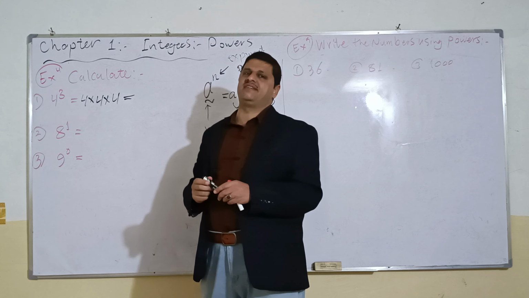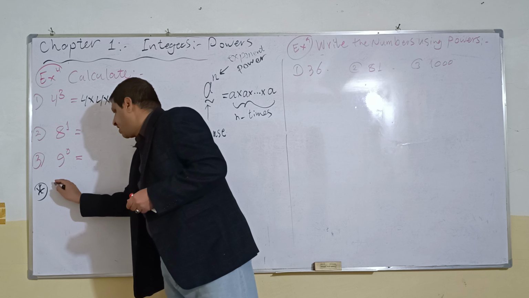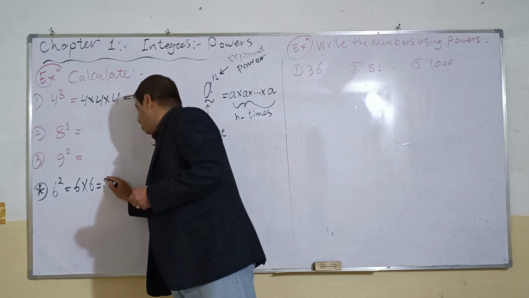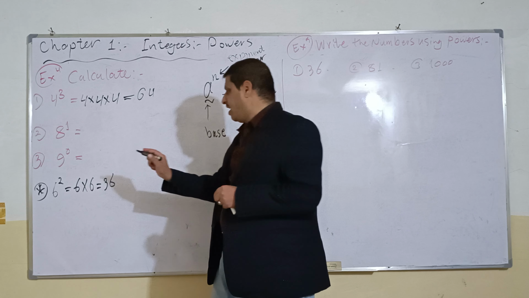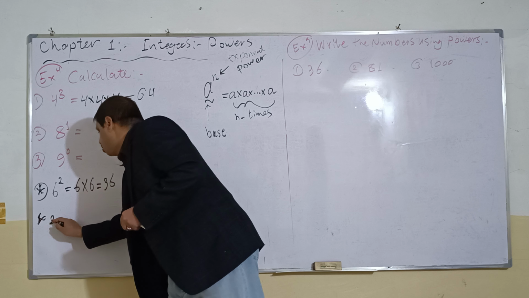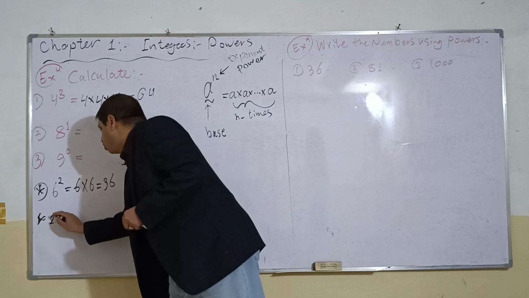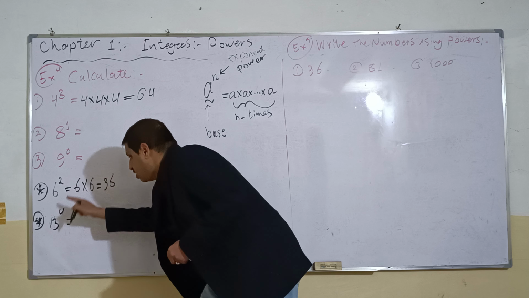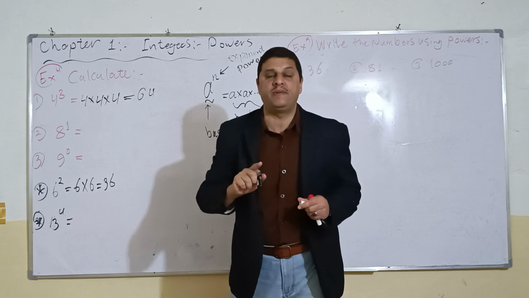Okay, honey students? Let's take another example. If I have 6 to the power 2, that means 6 times 6 equals 36. If I have 3 to the power 4, that equals 3 multiplied by itself 4 times.